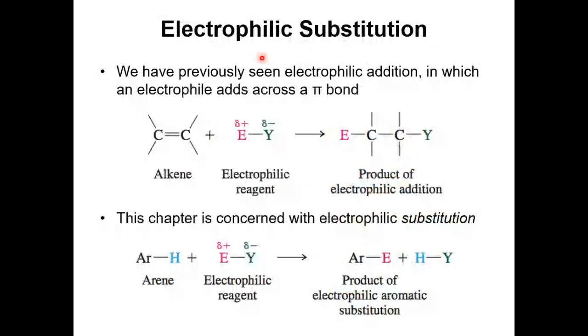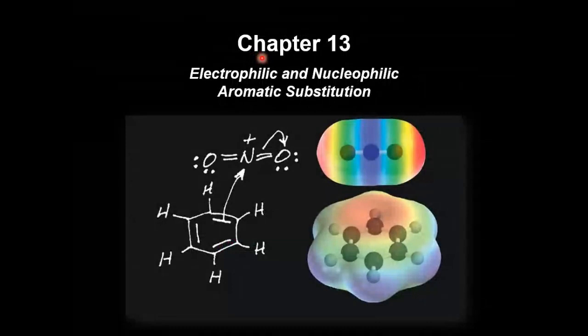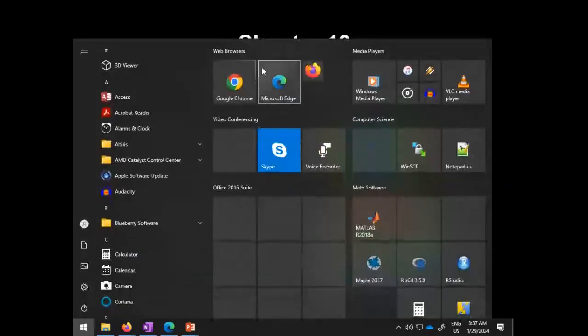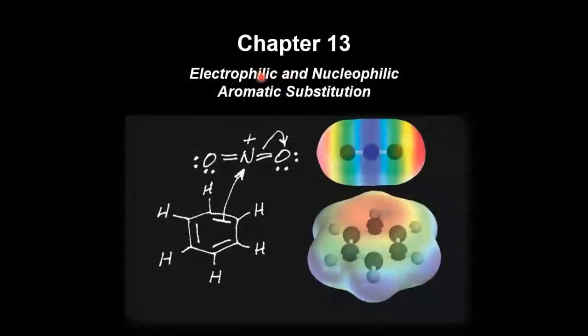So let's start with electrophilic aromatic substitution. If we are looking at aromatic compounds, the most representative aromatic compound is benzene, which demonstrates the greatest stability from its aromaticity.